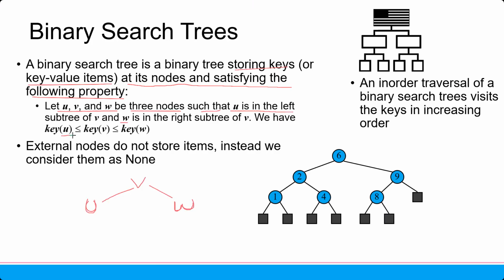And the key of U will be less than or equal to the key of V, and the key of V will be less than or equal to the key of W. So the key of U will be less than or equal to the key of V, and less than or equal to the key of W.